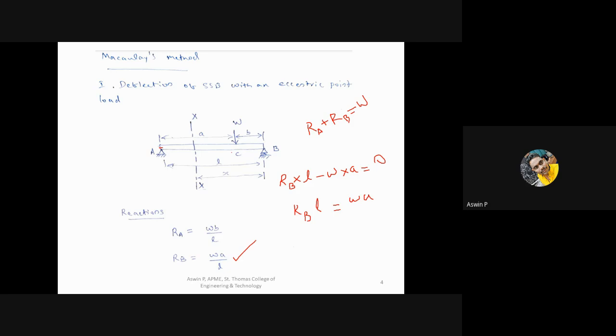RB can be found out by using this relation. And now you can find RA by subtracting it from this relation or substituting RB in this relation.